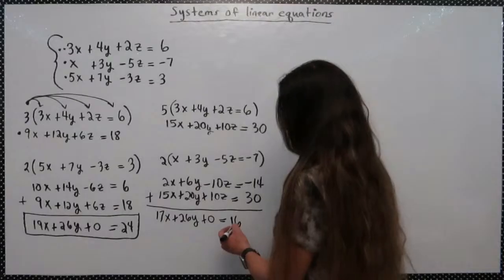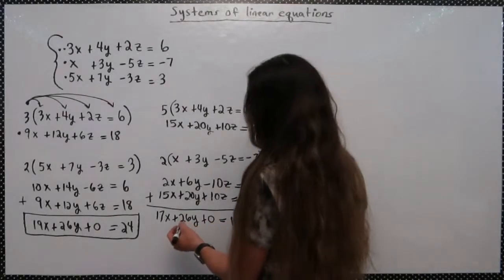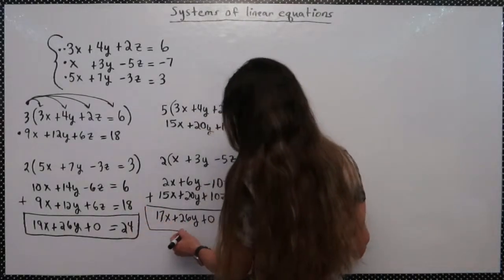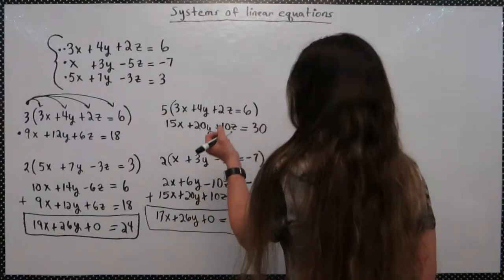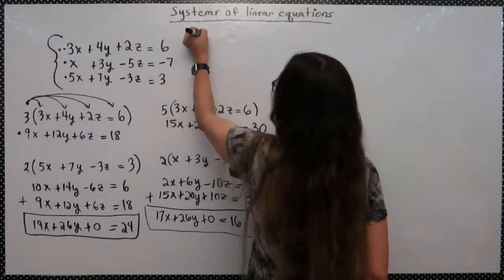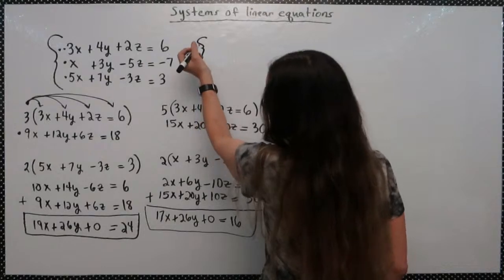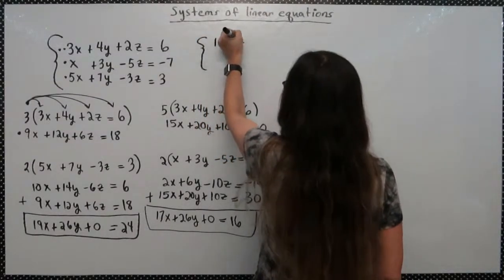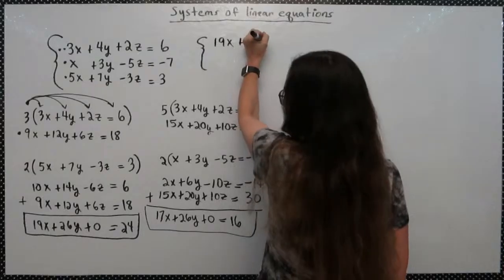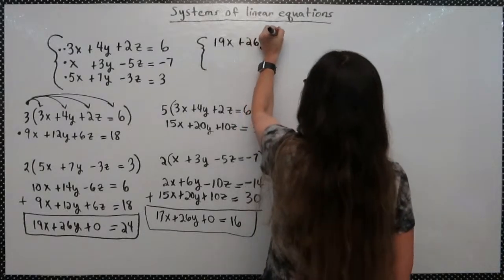All right, I think I have my equation here. So what we're going to do is write our smaller system. Let's just write it here. So we have 19x plus 26y, and that equals 18.